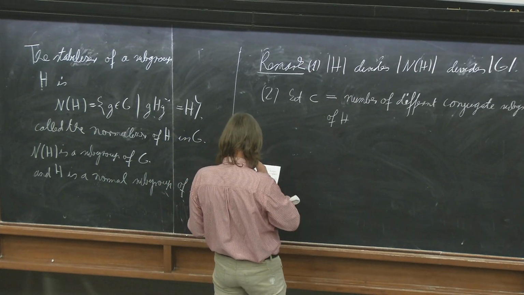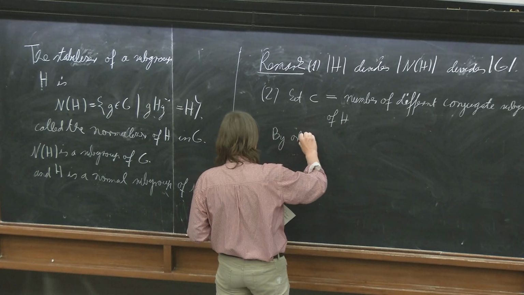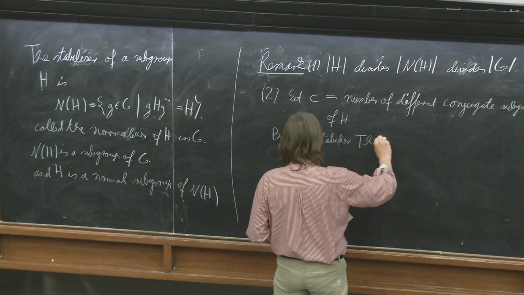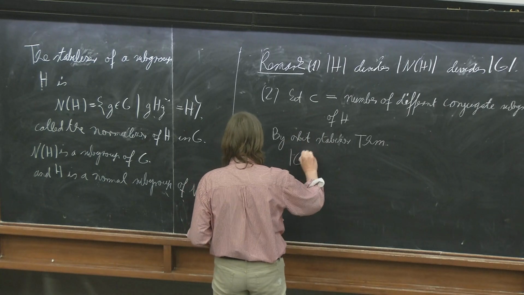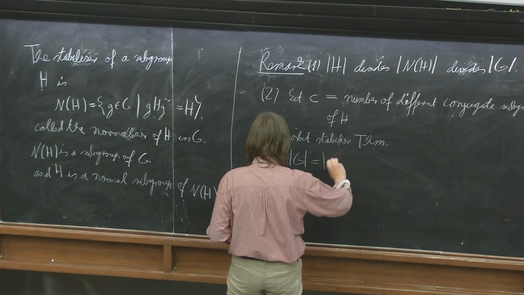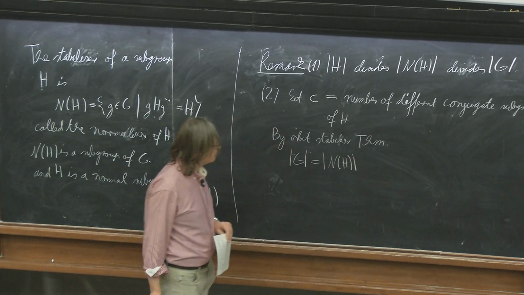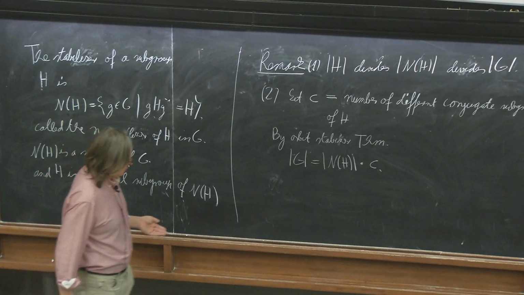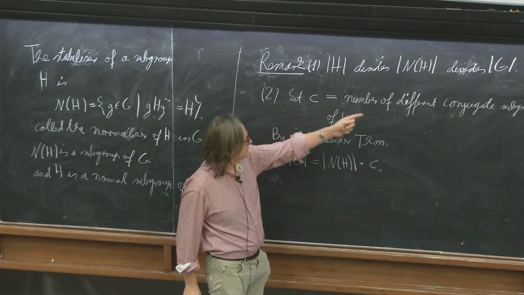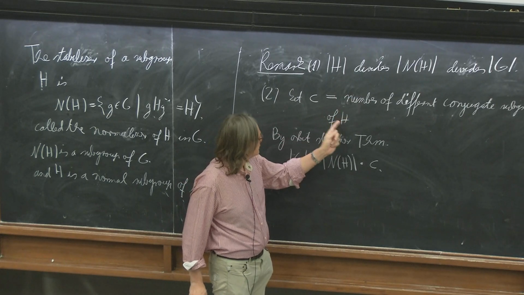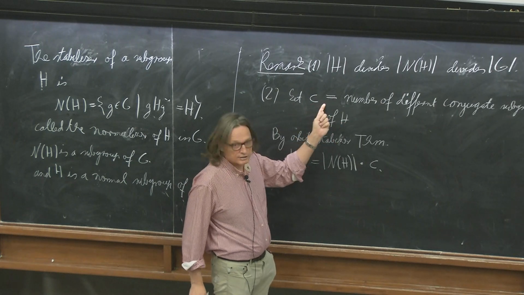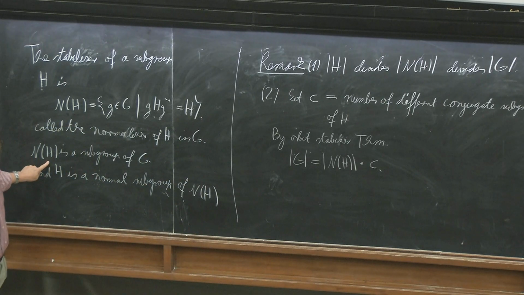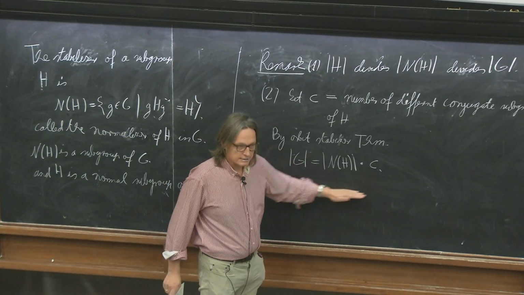Then by the orbit stabilizer theorem, the number of elements in G is equal to the order of the normalizer of H times this number C. Because if we look at the conjugation action, the number of different subgroups conjugated to H is just the number of elements in the orbit of H under the conjugation action, and N_H is precisely the stabilizer of H under the conjugation action, and so the orbit stabilizer theorem says precisely this.